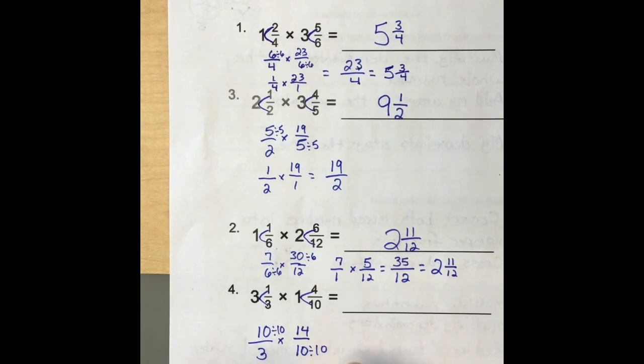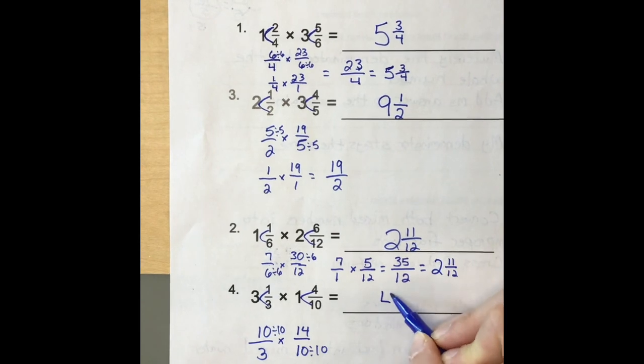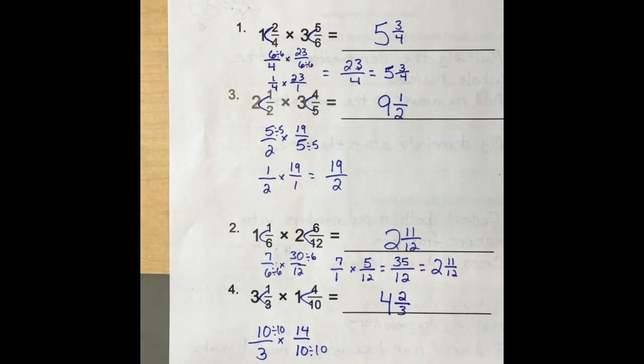So you get 1 over 3 times 14 over 1. 14 and 3 don't have anything that go in evenly to it, so those just stay the same. Multiply across, 14 over 3. 3 goes into 14 4 times. That gets me up to 12, so I have 2 more to get up to 14. My denominator stays the same. My answer is 4 2/3.